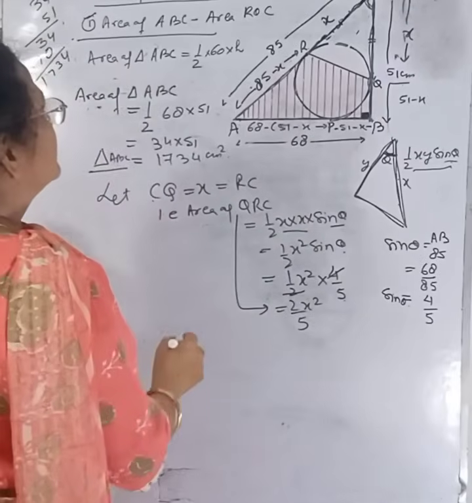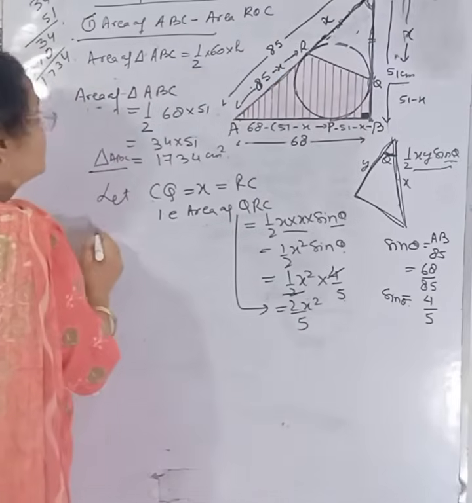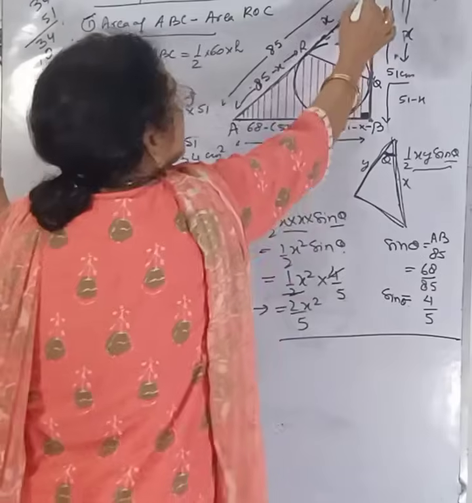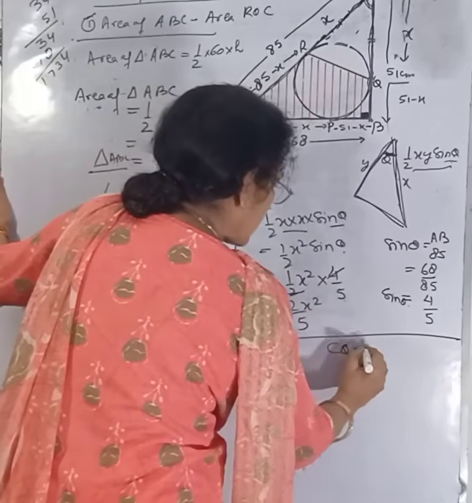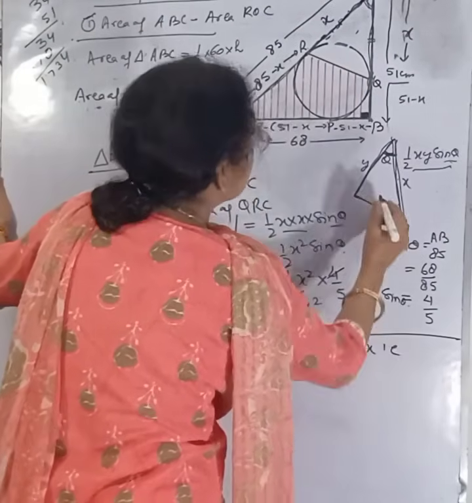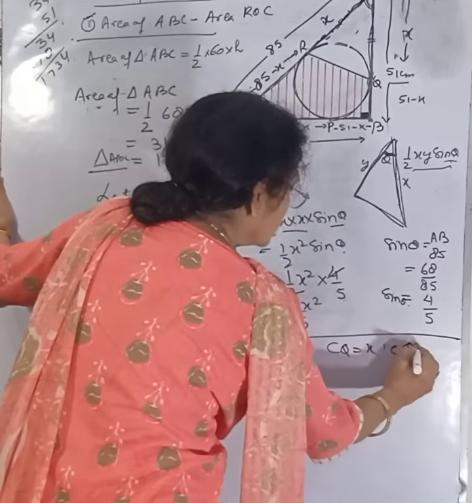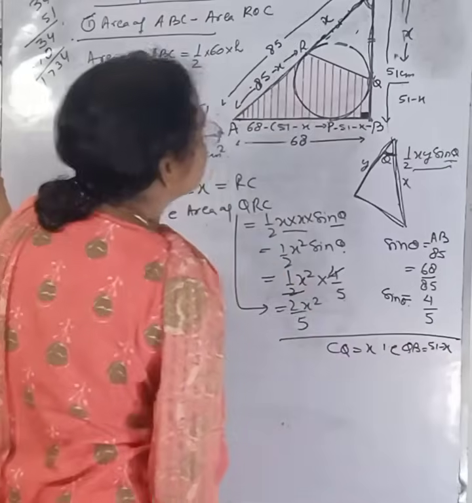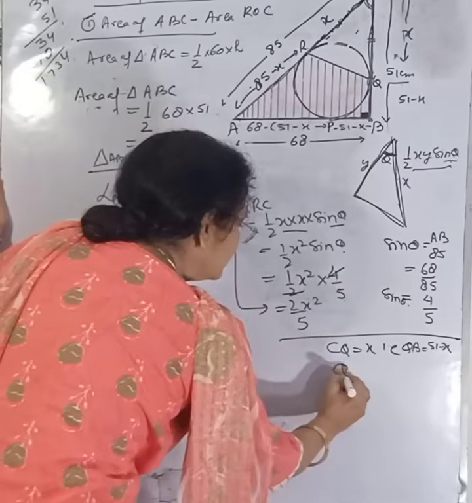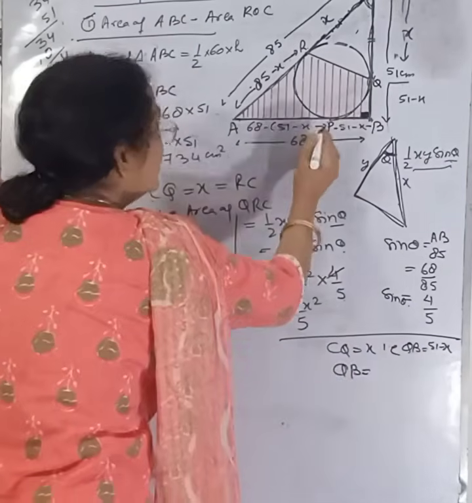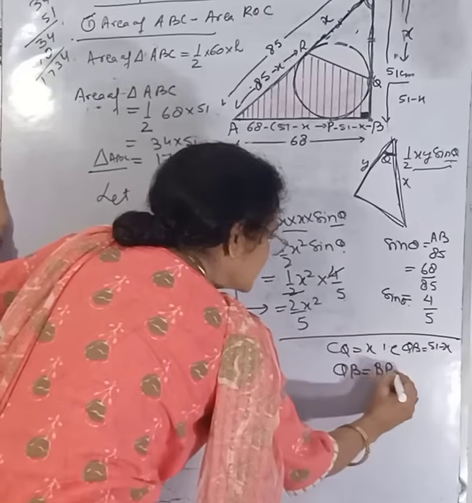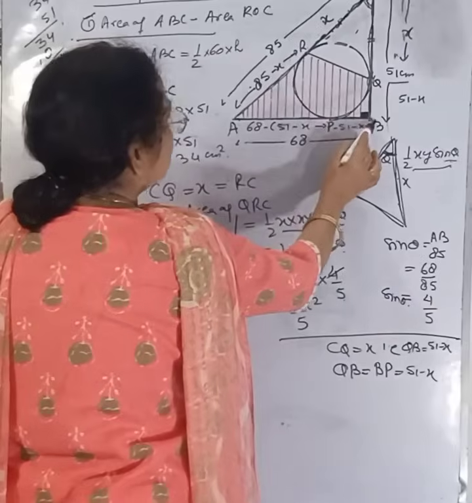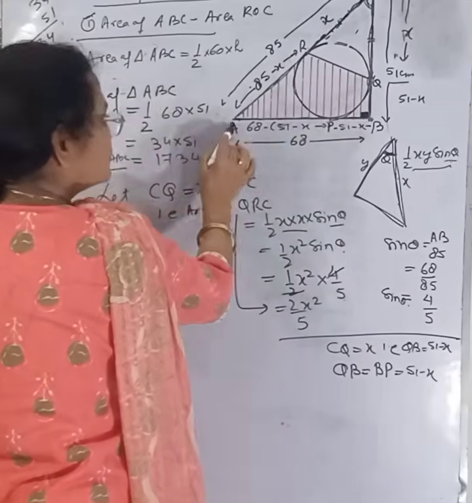Look again here. CQ is equal to x. It means QB is equal to 51 minus x. Correct? And QB is equal to PB, which is equal to 51 minus x. But AB is equal to 68.